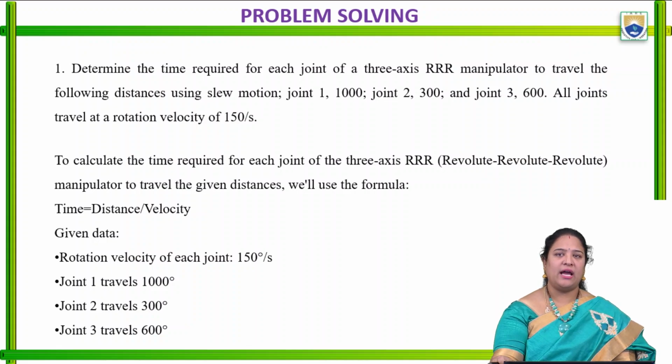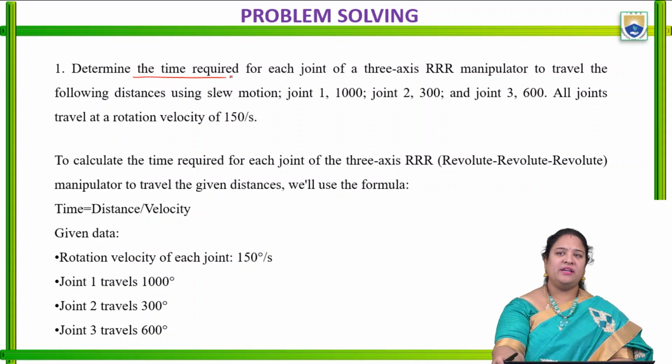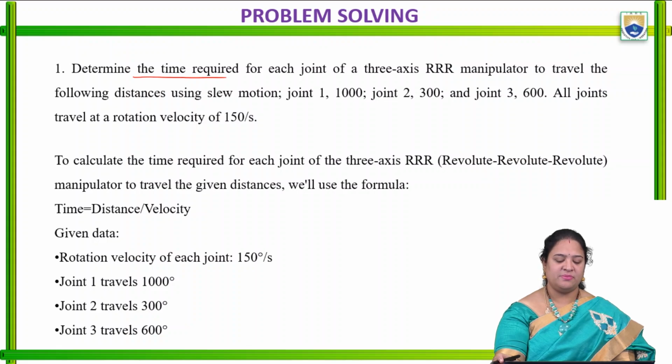Now what do we need to calculate? We need to determine the time. Right, we need to determine the time for the 3-axis manipulator, where each and every joint has different distances like 1000, 300 and 600 for joint 1, joint 2 and joint 3, and the rotational velocity is 150 degrees per second.